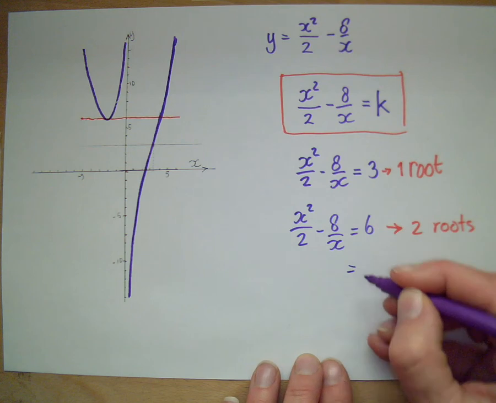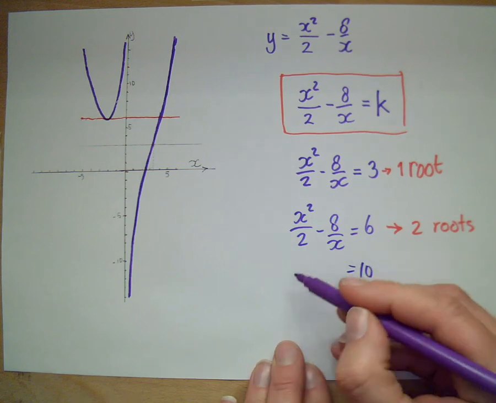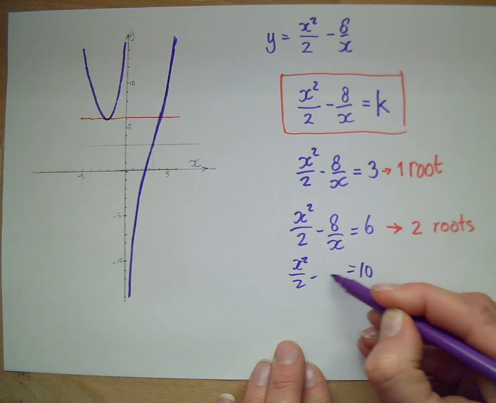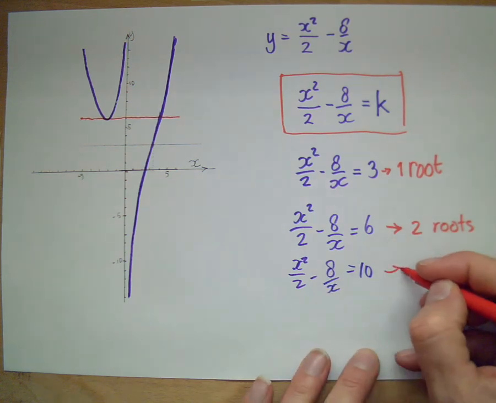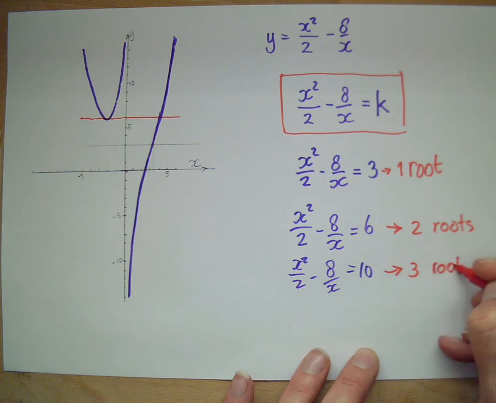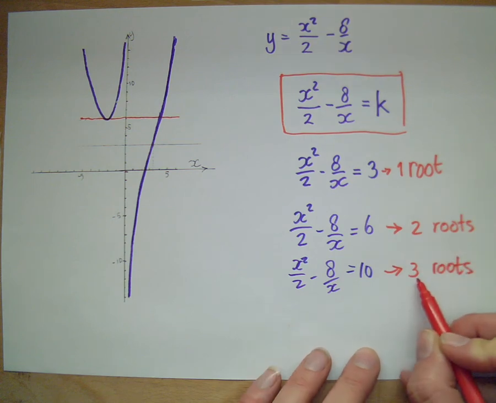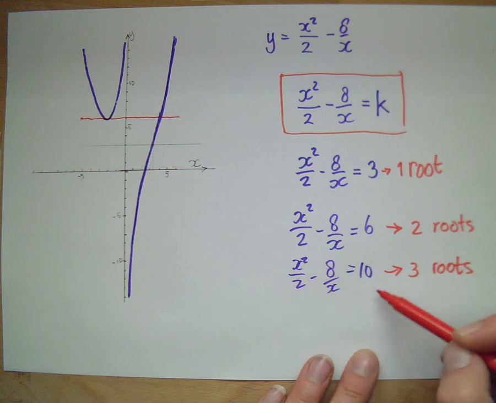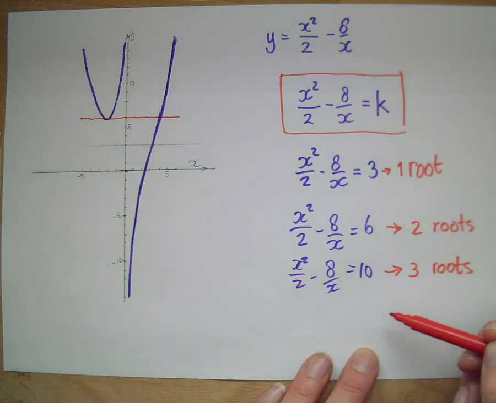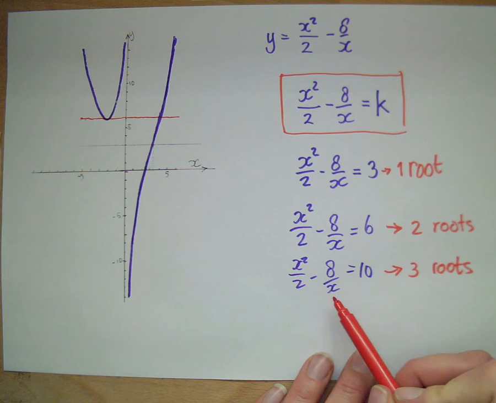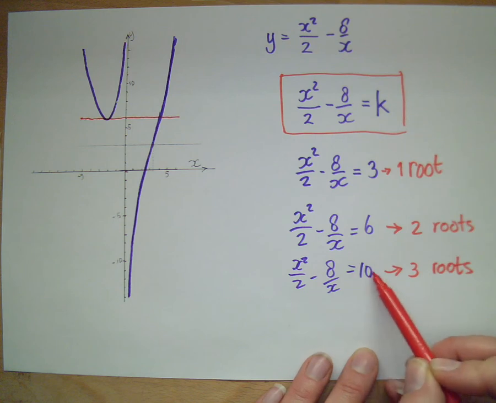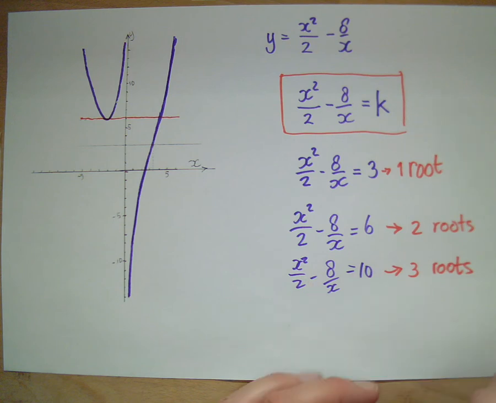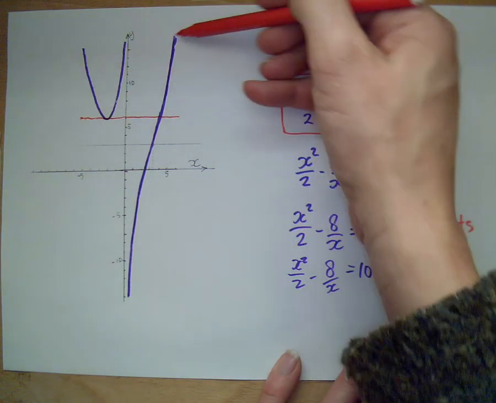So for example, let's just plug in 10. That would give us 3 roots. So 3 values of x that'll make this equation true. That's kind of cool, isn't it? That there's actually 3 different x values that you can plug in that'll give 10 in the end. That's pretty cool. But our graph shows it, right?